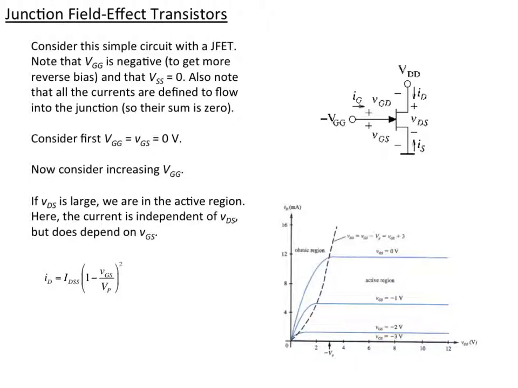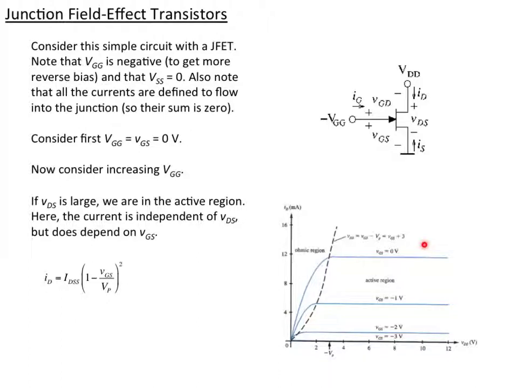And in the active region, you have a constant current independent of the drain source voltage. So this is the drain source voltage, and the current is independent of it, but depends quadratically on the gate source voltage.